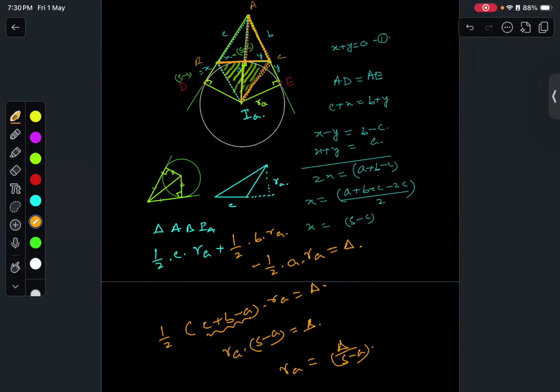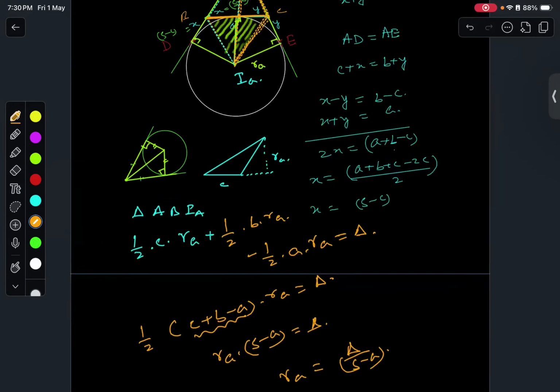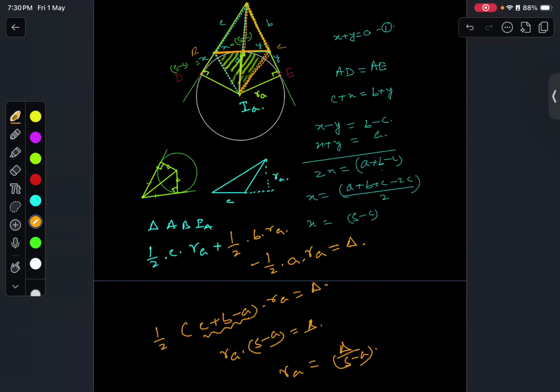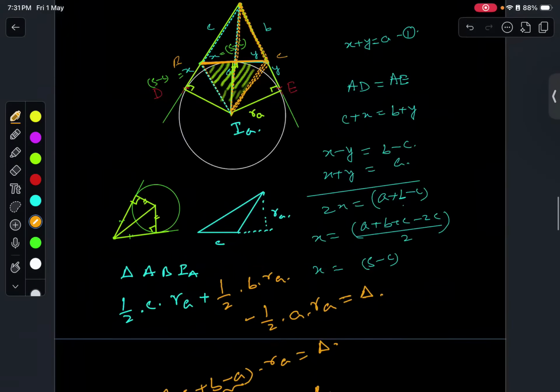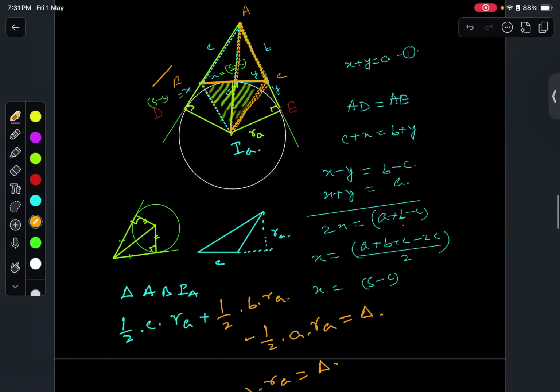RA. Now, what is the length? This length. What is this length? This was C and this was X. So what is this length up to this? This is C plus X. And what was X?